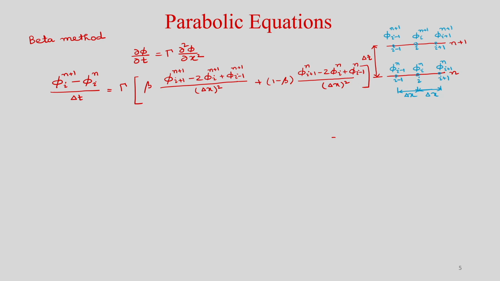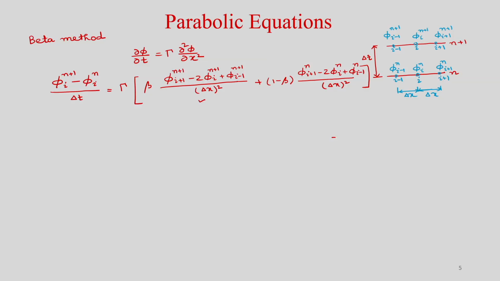So what we have done in the beta method is that we have taken a factor beta, where beta times the discretization of del 2 phi by del x square is taken in an implicit manner, so all these phi are at the n plus 1 time level, which is your current time level.